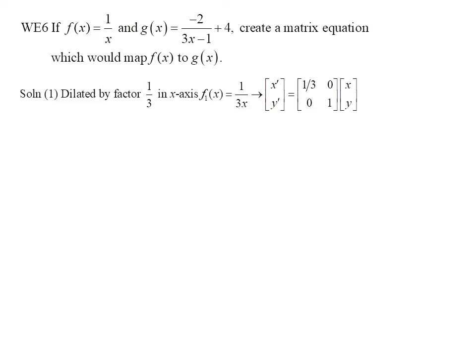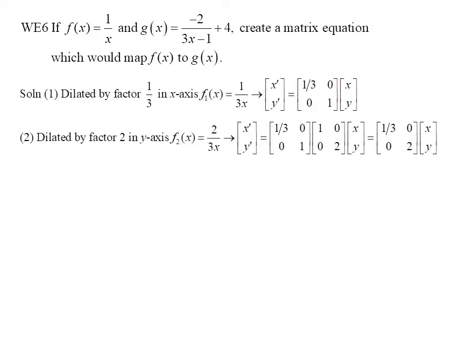After dilation factor 1/3 being applied in x-axis direction, the function f(x) becomes 1 over 3x, and the corresponding matrix for dilation is also shown. The second step is to apply a dilation factor 2 in y-axis, which means to multiply the equation by 2.